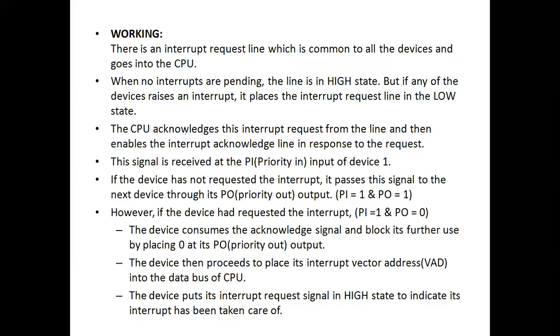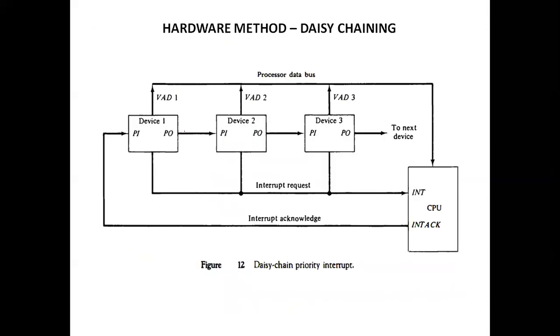Here, there is an interrupt request line, which is common to all the devices, that goes to the CPU. So I'll be going to show it in the diagram. What is that interrupt request line and how is it going to be useful? We will show it by taking this diagram. Here there is an interrupt request line.